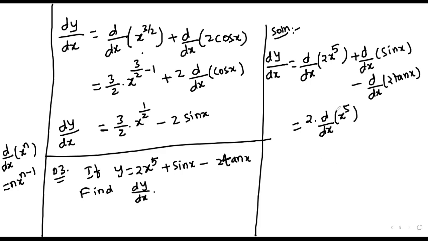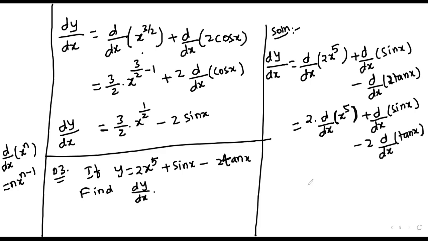We should keep only the variable inside. Here we don't have any constant, so d by dx of sin x only. But here we are having again 2 tan x. 2 is a constant, so we should bring 2 outside, so d by dx of tan x.